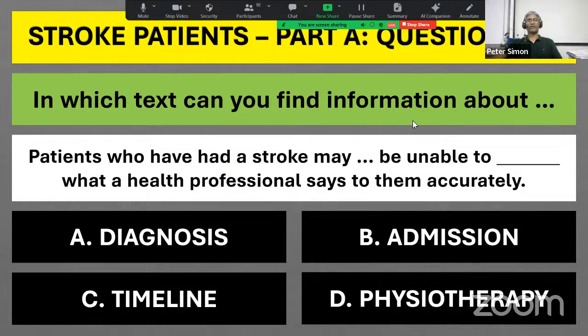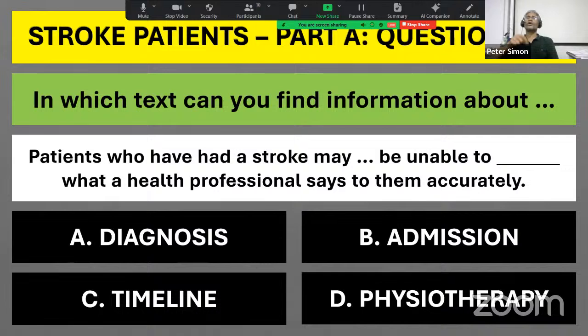Question number 15. Patients who have had a stroke may be unable to dash what a health professional says to them accurately. Try to understand this. Is it related to physiotherapy?